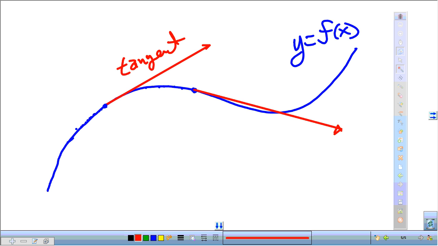So how do we move tangentially? So that's going to change and be different as we move along. So different directions move to different points.